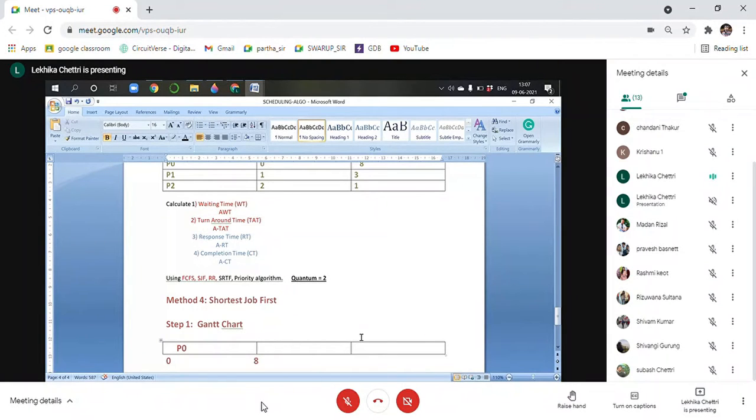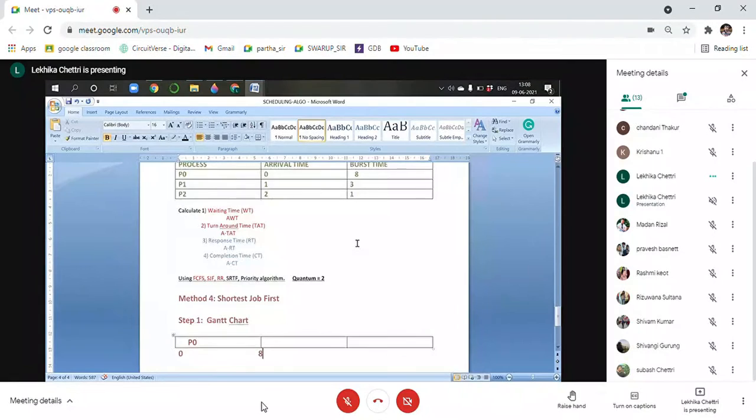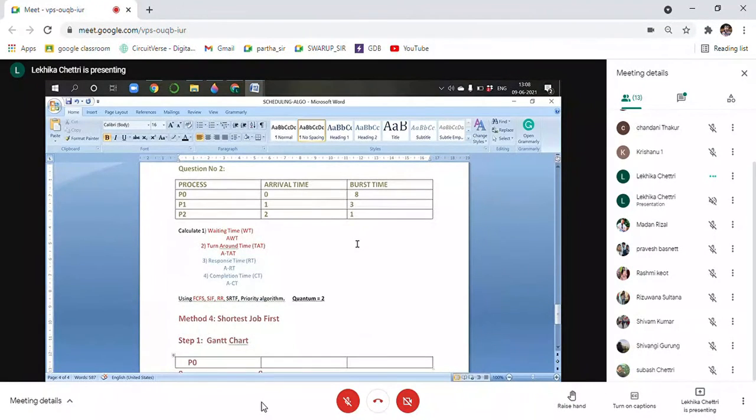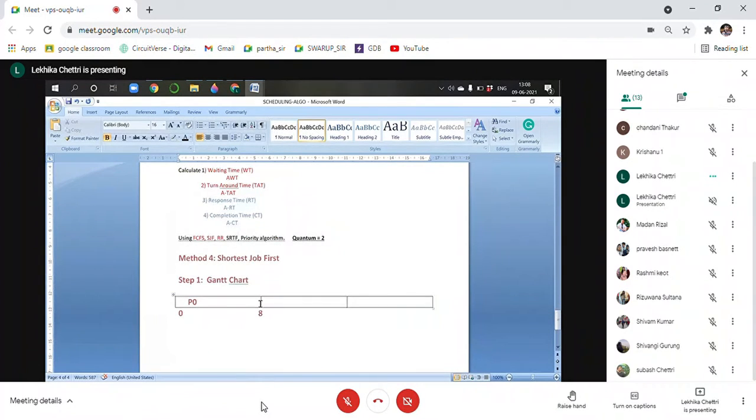So draw the Gantt chart and give me the values. There are only two values left. Done? Yes, ma'am.